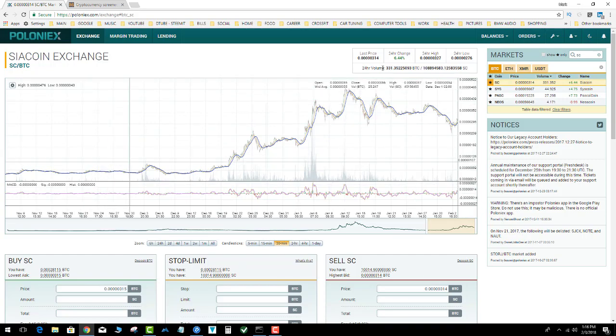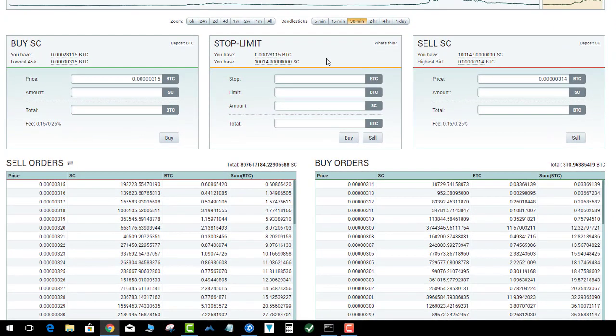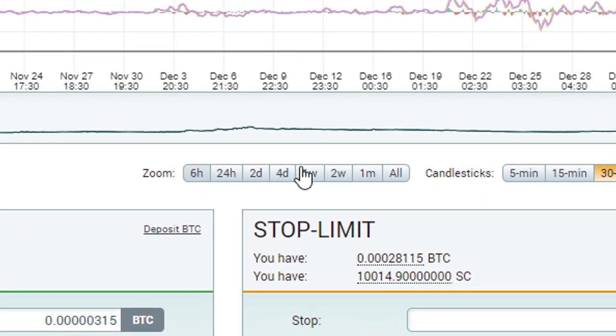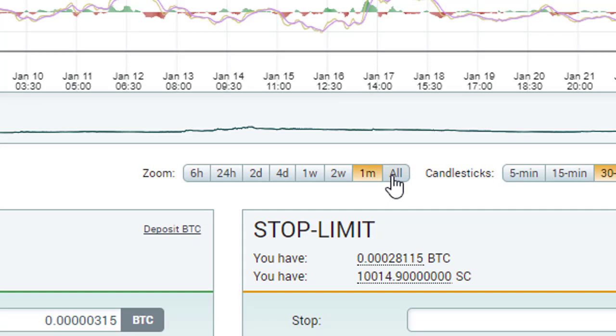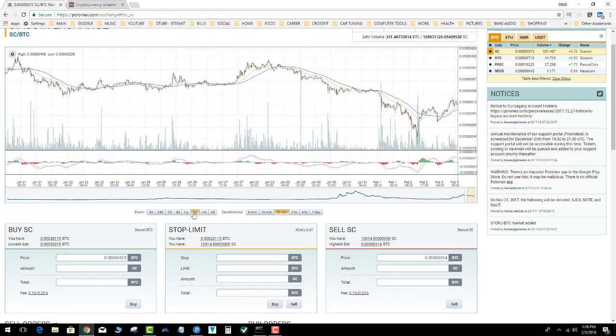If you scroll down a little bit, we have our buy, sell, and stop limit boxes. And not to forget, up here you can change the chart to 1 month, all, so you can get an idea of what a coin's been doing recently. Siacoin was up, dropped, and now it's going back up again.